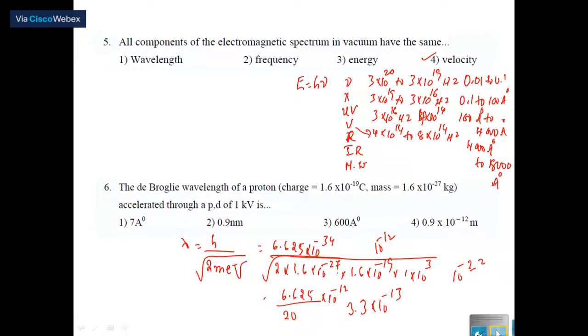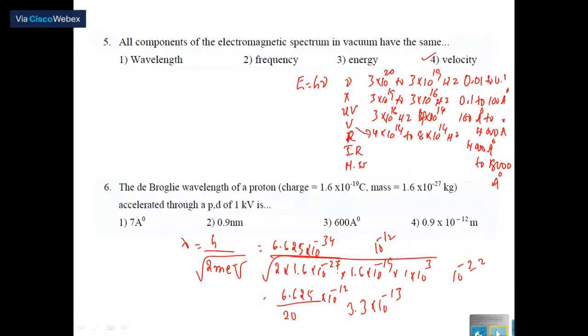1.6 squared is 2.56, into 10 is 25.6, double that is about 500, and the root of 500 is between 20 and 25. Absolutely no problem. 20 can be written as 2 into 10 power 1, which goes to the numerator, making it minus 13.